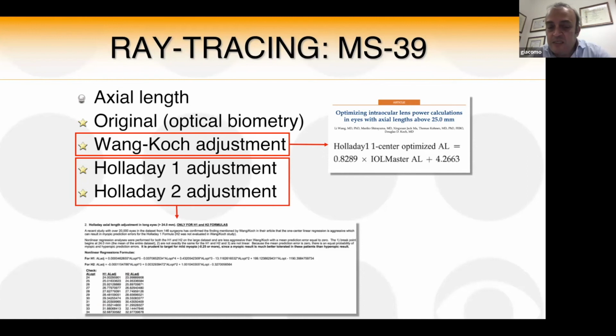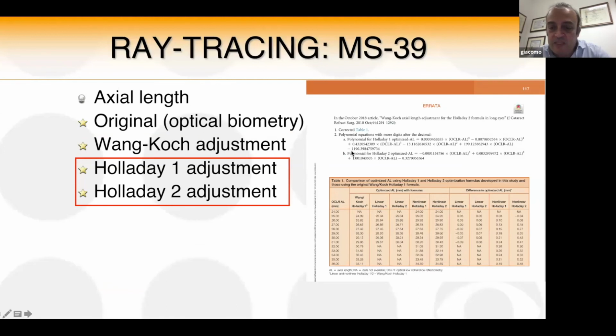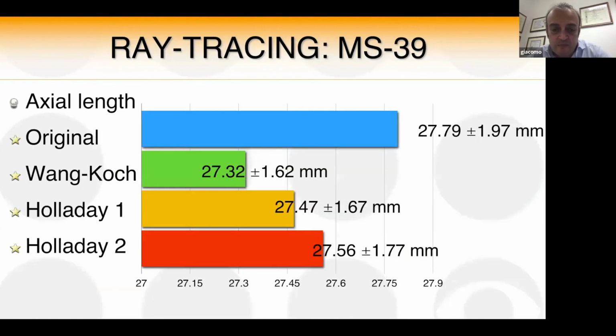Since these were the latest numbers that have been published, I wanted to see how these equations work. These are the polynomial equations, January 2019 JCRS. First of all, when you apply these equations, you see that the numbers change.